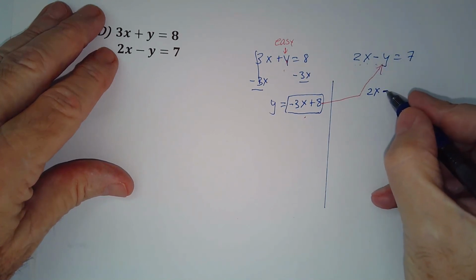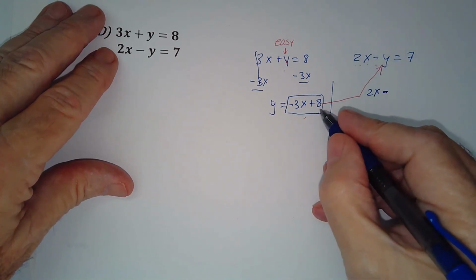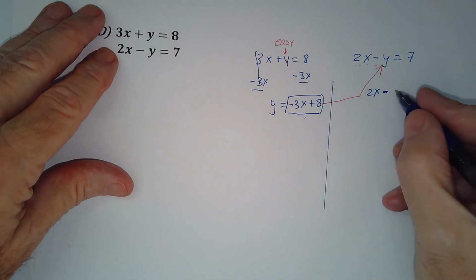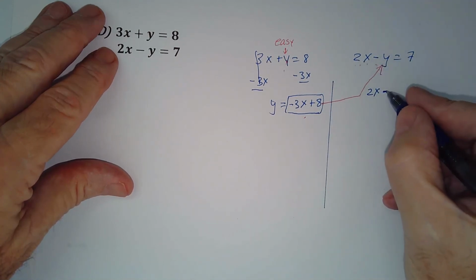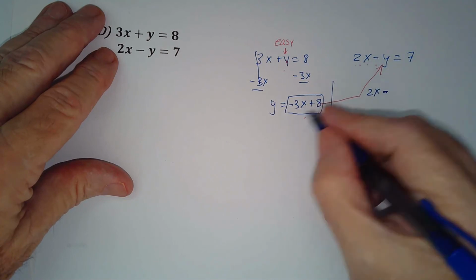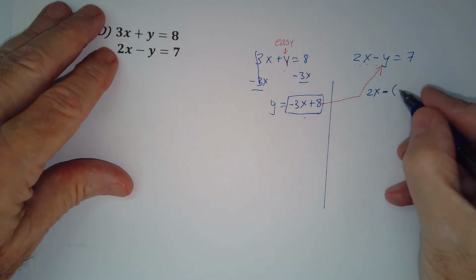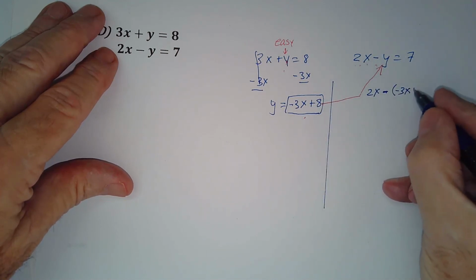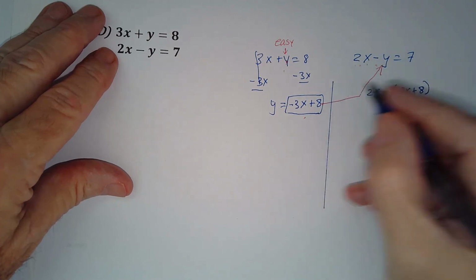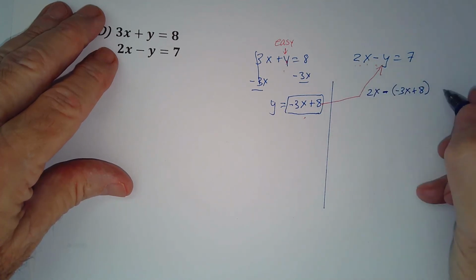We have to show that, and then I'm going to put this negative 3x plus 8 into parentheses because we have to distribute this negative sign to whatever's in this expression. So negative 3x plus 8, and then that equals 7.